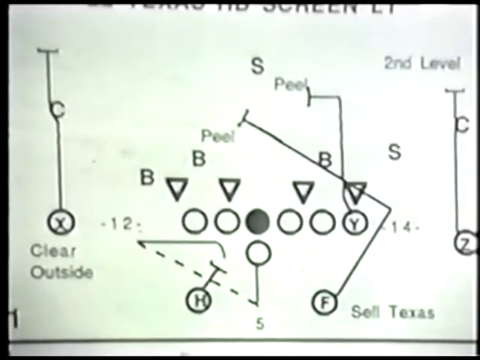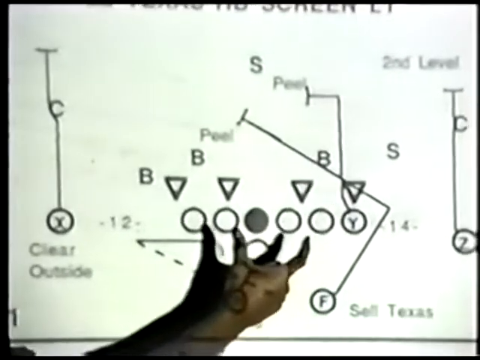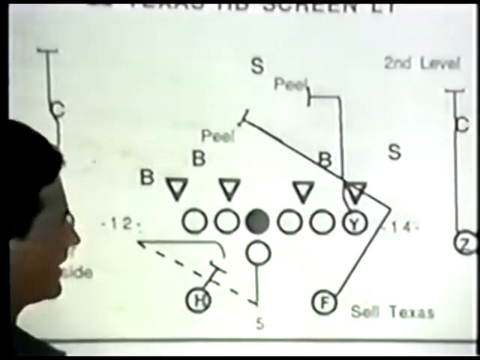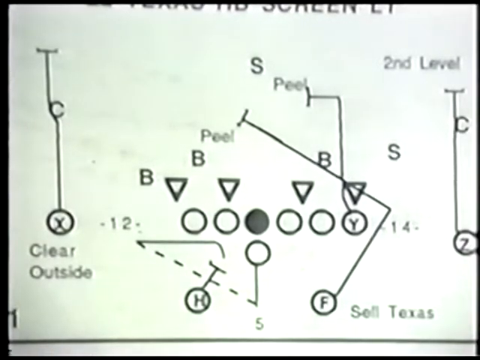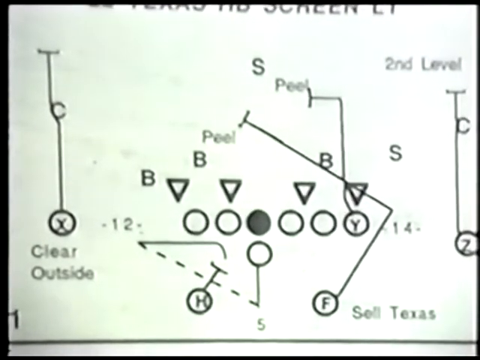Okay? Get some depth. Now, 3 people that are going to get involved in the screen are guard, center, guard. This tackle, you stay solid with your blocking assignment. Okay, 22. Block the protection first. Left guard normally will be the first guy out. Normally, but not always.